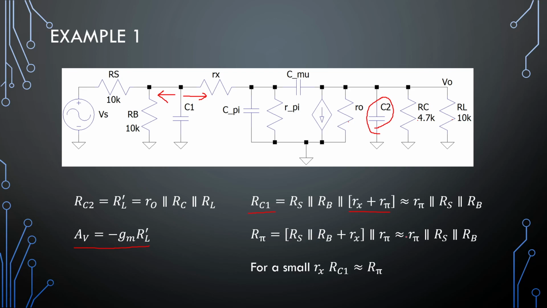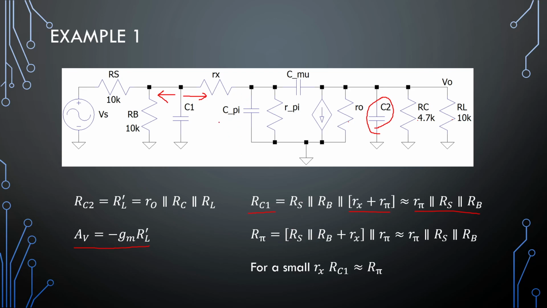Okay, so there's our Rx plus R pi. Now, for a very small value of Rx, right, R pi is much greater than Rx. This will reduce to R pi parallel to Rs parallel to Rb. And Rx is like 10 ohms in this case.